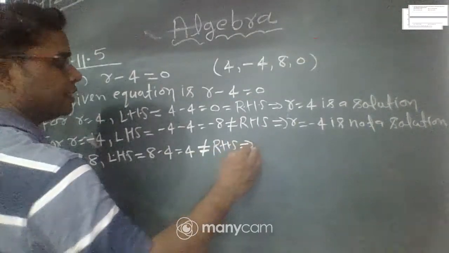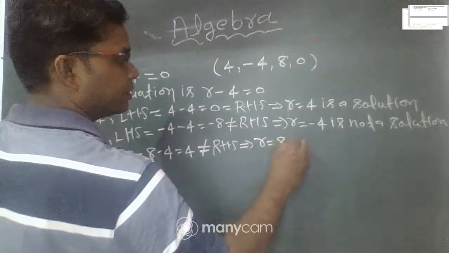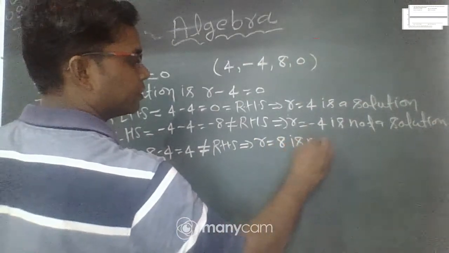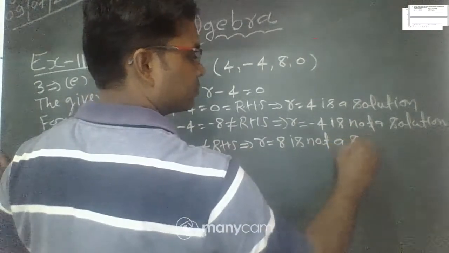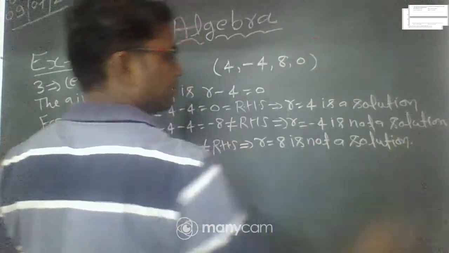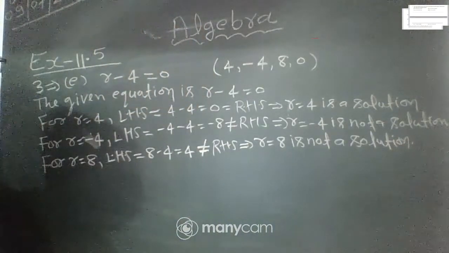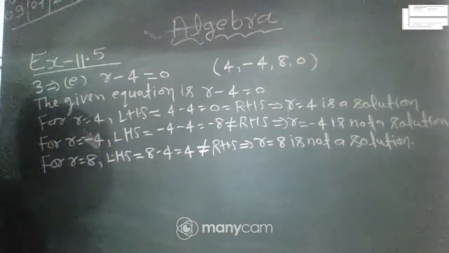So this implies that r is equal to 8 is not a solution. Clear?